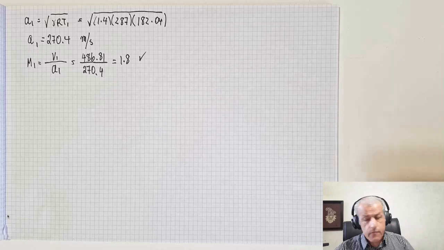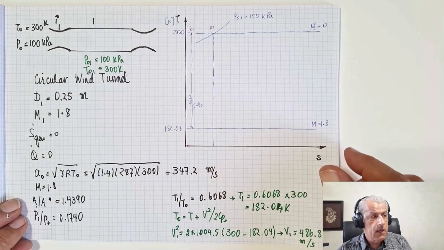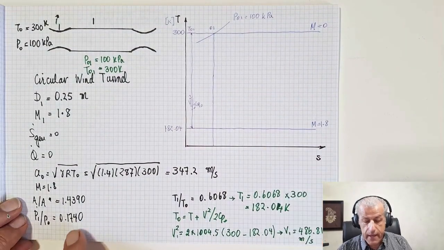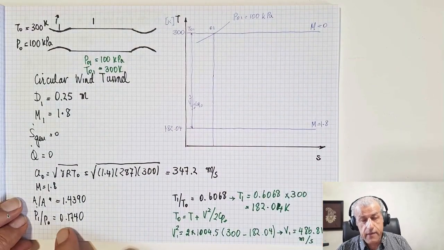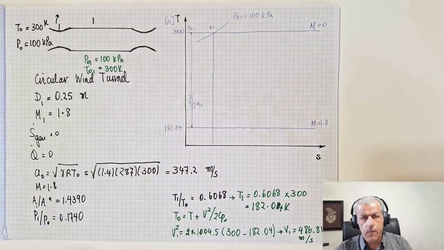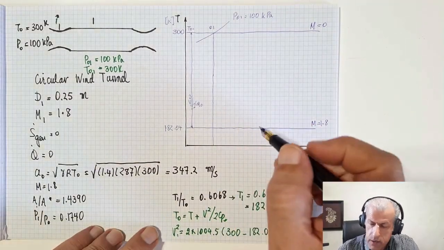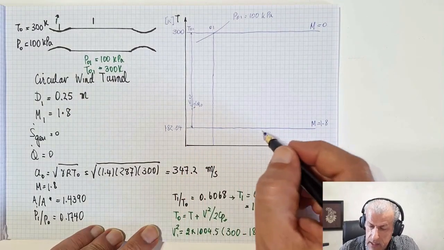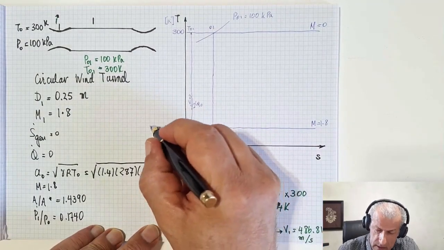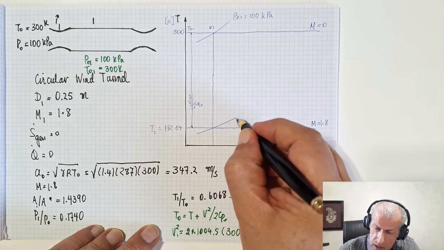Now, let's return to our previous page. Another piece of knowledge that we had was P1 over P0, and let's see if we can calculate P1. P1 is the pressure at point 1. This is the line where T equals T1, and the pressure here would be P1.